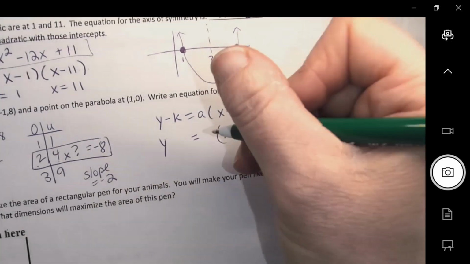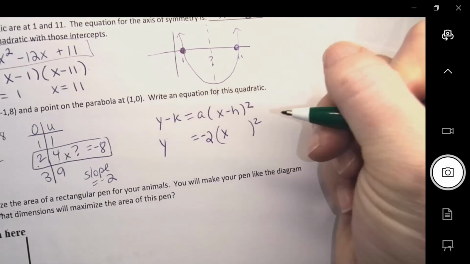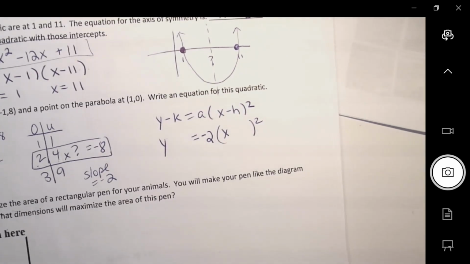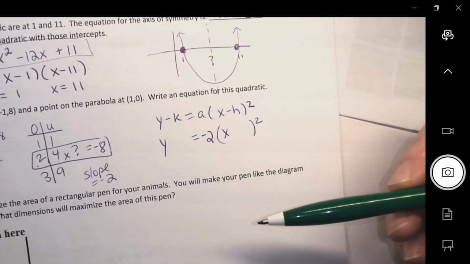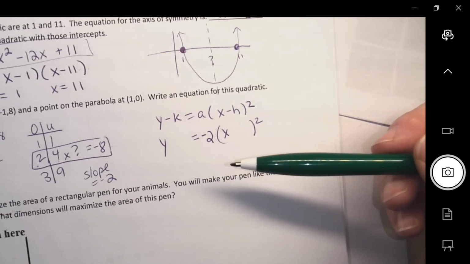I'm going to replace the slope into the a spot, so negative 2 is in the front like that. And when we plug them in, we need to think how. This says negative h. Opposite. So they're going to go in opposite.